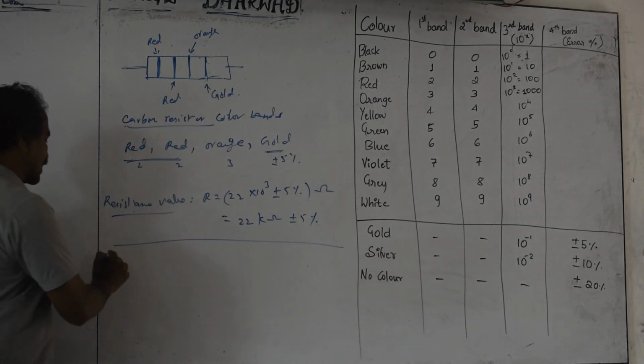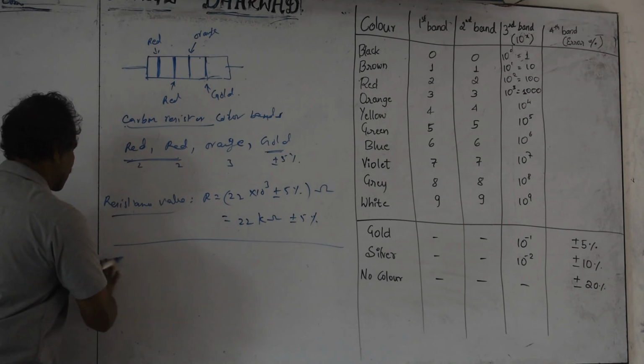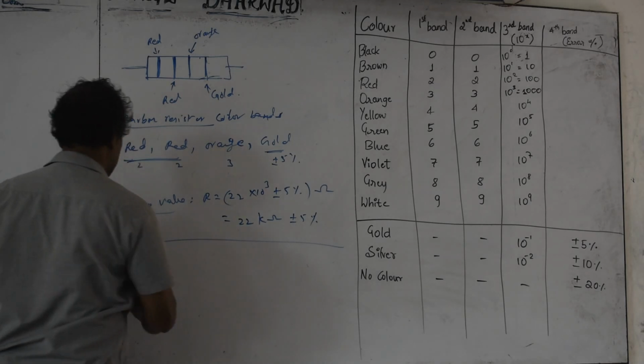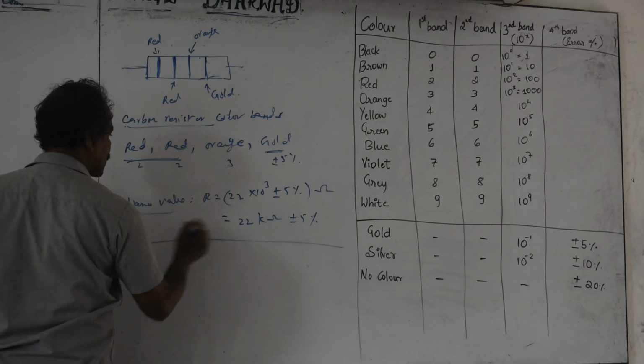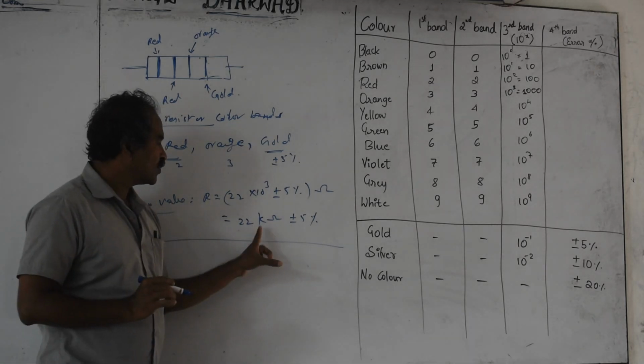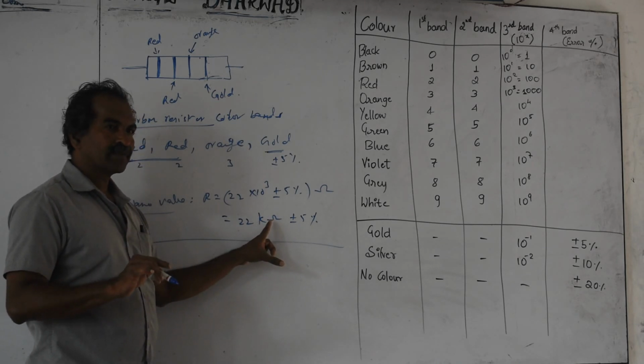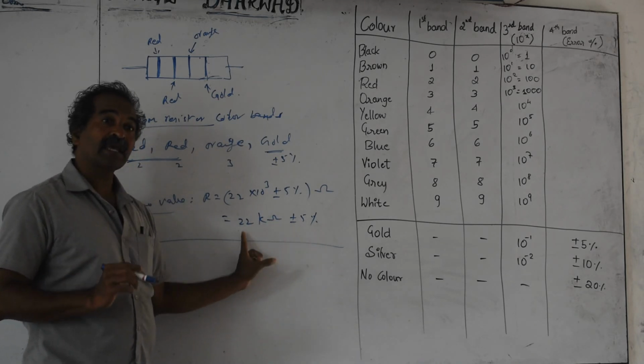The remaining is only an extra relation to calculate the range. The range of the resistance means the value will be 22 kilo ohms, which is 22,000 ohms, plus 5% or minus 5%.